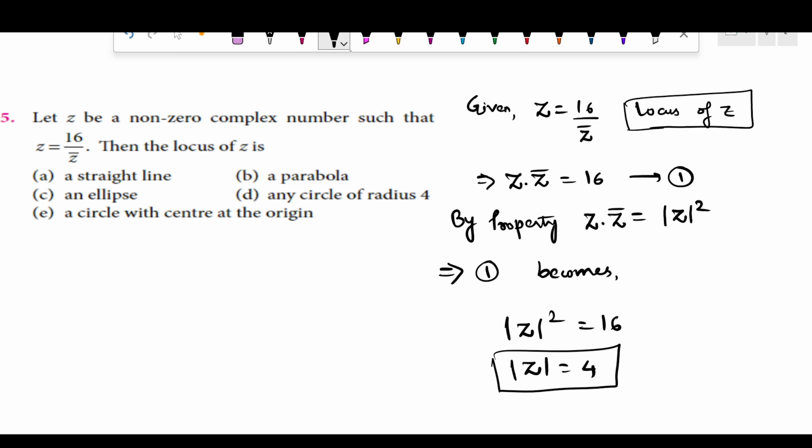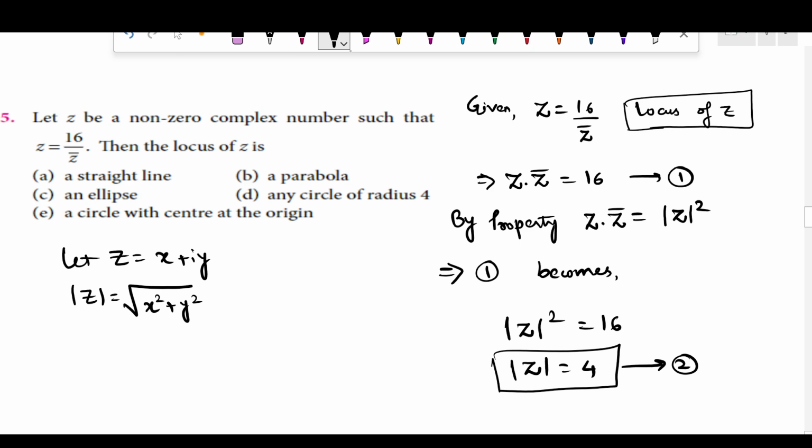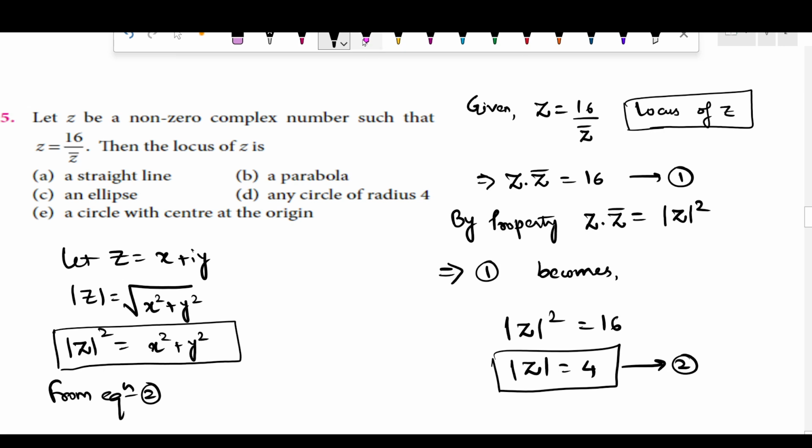Now you know the definition of modulus of a complex number. So let z be a complex number, x plus iy, then your mod z is what? Root over x square plus y square, and from equation 2 you know that mod z is 4.